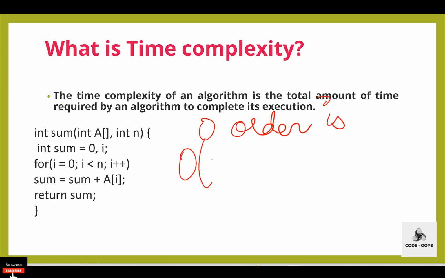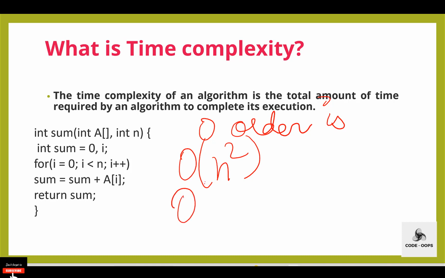Big O of n square. You go and ask the first person in the class if he has the pen. Also, you ask this person about the other 99 people in the classroom if they have that pen, and so on. This is what we call big O of n square.